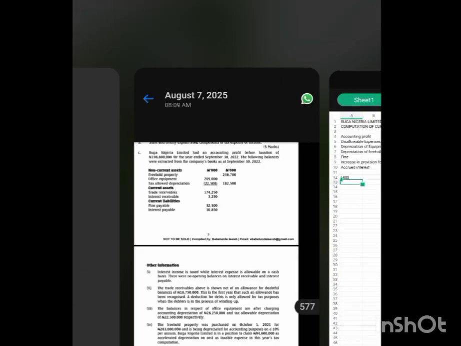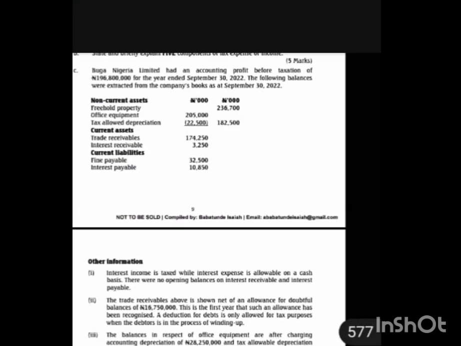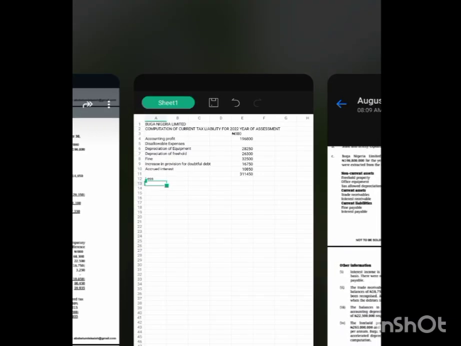because we were told that in the question, they said the balancing in respect of the freehold property. The second part, because of our time, where Bugan Nigeria Limited is in position to claim 94 million as accelerated depreciation. That is capital allowance, 94 million.